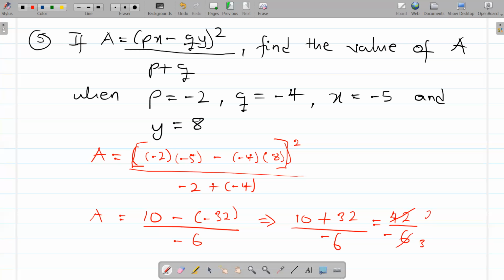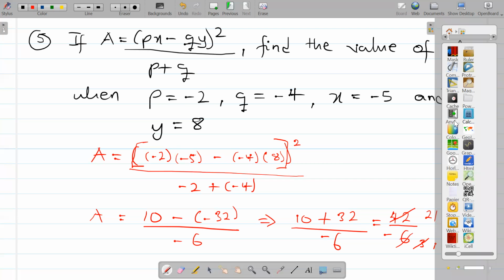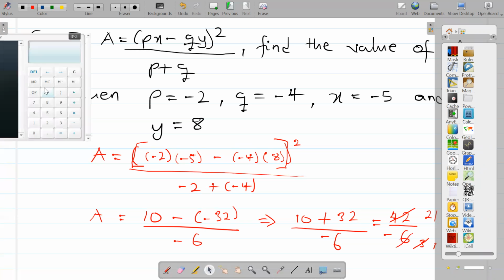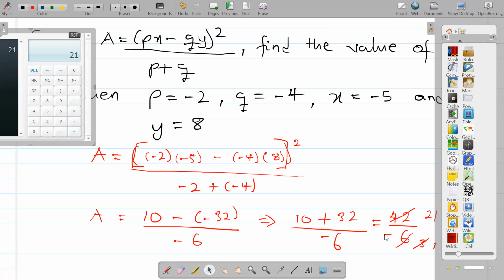21. So can you break it down further? 3 goes into itself 1. 3 goes into 21, 7 times. 3 times 7 is 21.